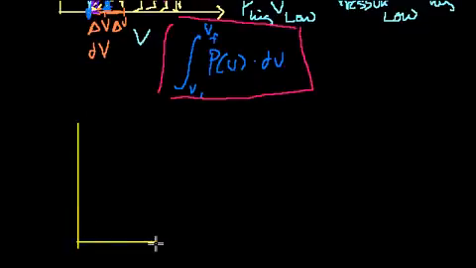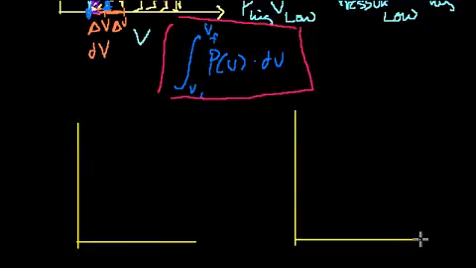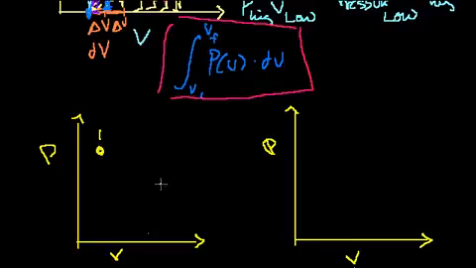So it's pressure, volume. I'm going to do two graphs here. All right. So the first one is pressure, volume. We started here at 1, and we went here to 2.